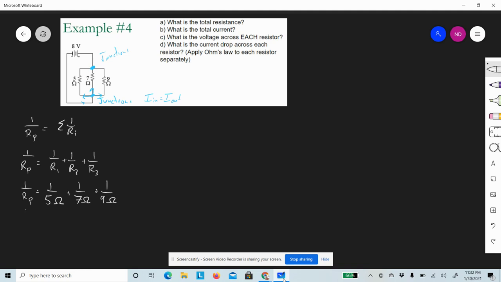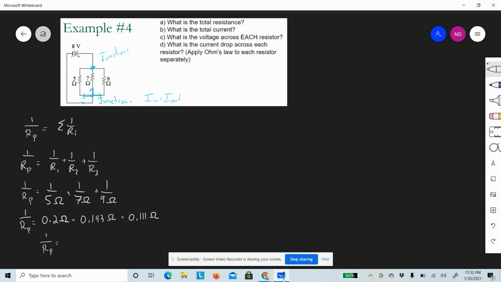Turn these all into decimals. 1 over Rp equals 0.2 ohms, that's 1/5. 1 over 7 is 0.143 ohms, and 1 over 9 is 0.111 ohms.